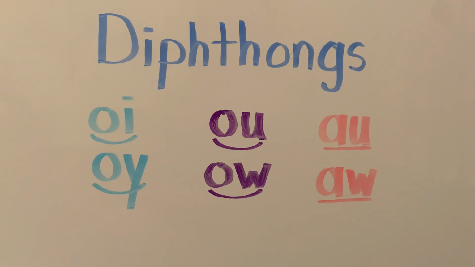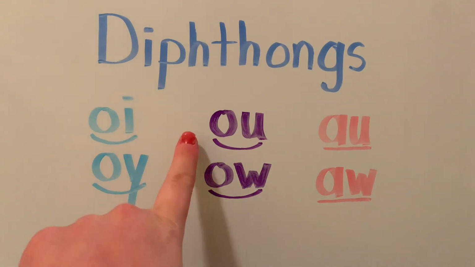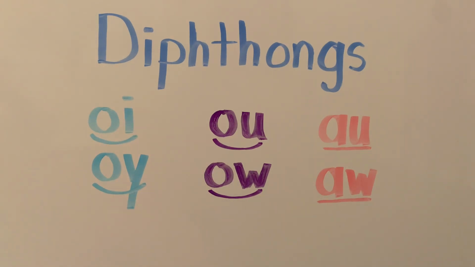The only thing that is really easy with these two patterns is if we hear the ow sound at the end of a word, like in how, it's always going to be OW. So at least we can use that rule to know that if we hear the ow sound at the end, it's always going to be the diphthong OW. But in the middle, it gets a little tricky. It could be the OU or OW. So you have to practice those words to get more familiar with them.